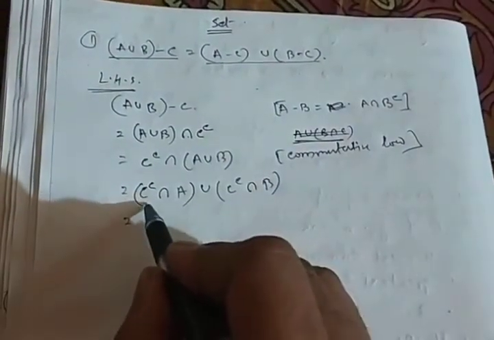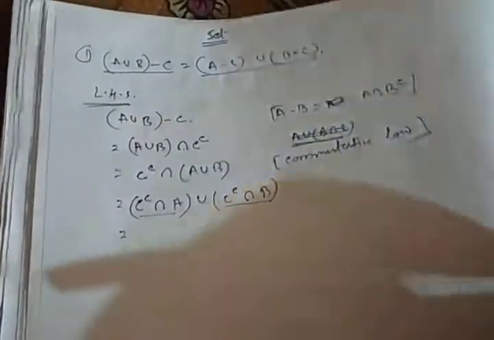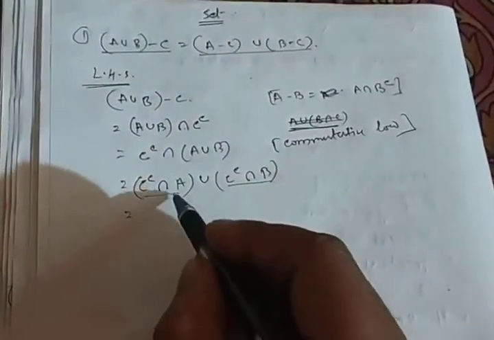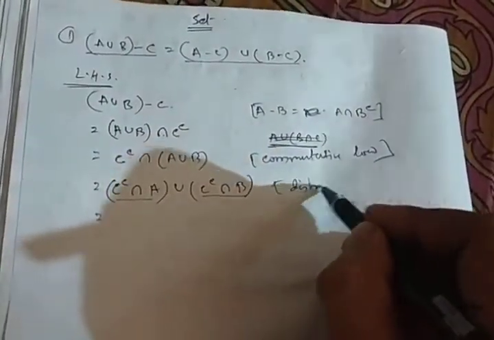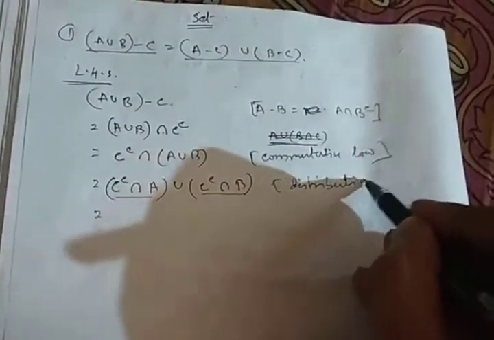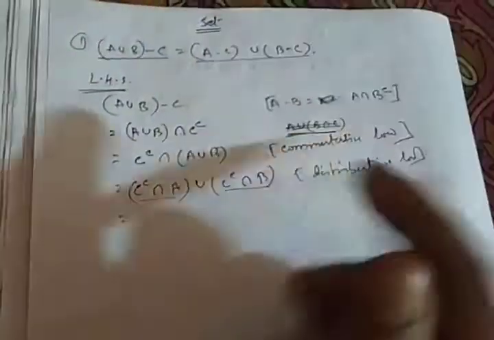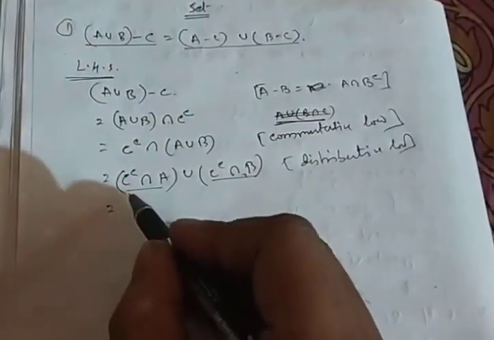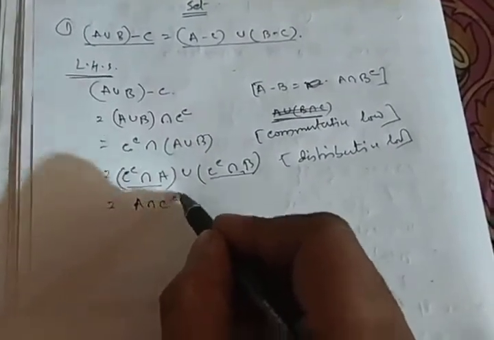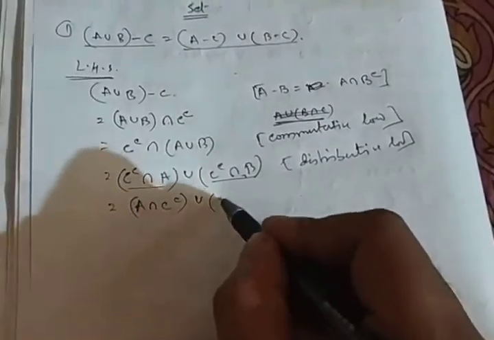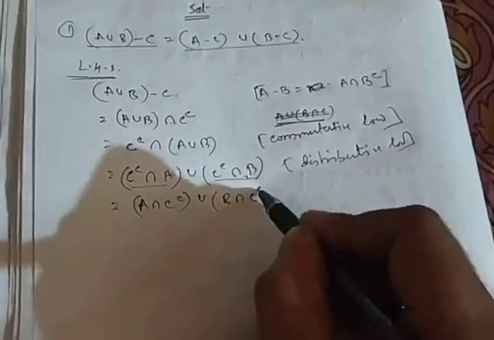Now if we use the commutative law again, after this distributive law, we will get (A intersection C complement) union (B intersection C complement).